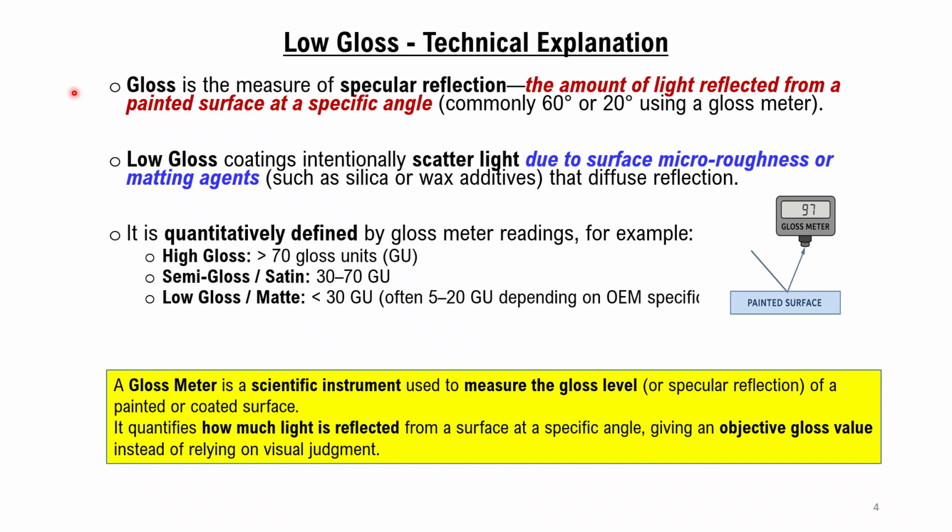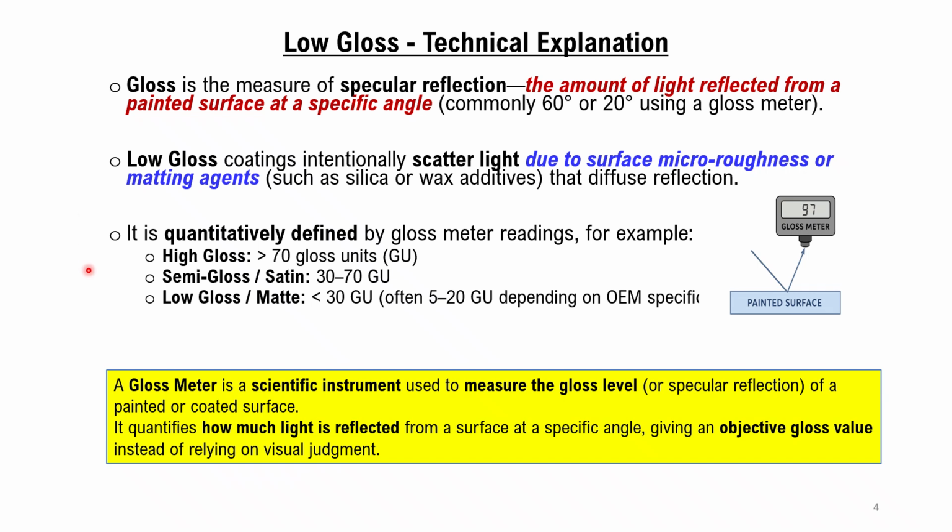Gloss is a measure of specular reflection, that is, the amount of light reflected from a painted surface at a specific angle, commonly at 60 degrees or 20 degrees, using a gloss meter. Low gloss coatings intentionally scatter light due to surface micro roughness or matting agents such as silica or wax additives that diffuse reflection.